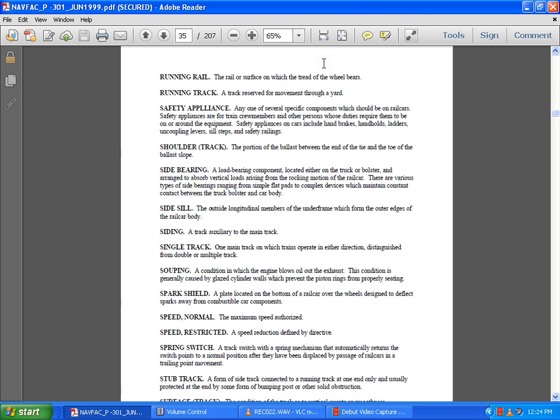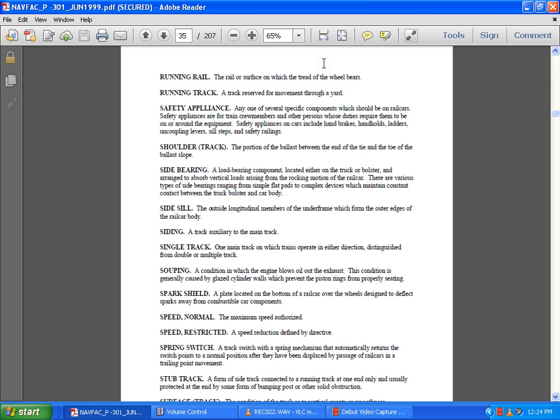Safety appliances are components specified by regulation that should be on the car for safety. They are for the train crew members and other personnel whose duties require them to be on or around the equipment.